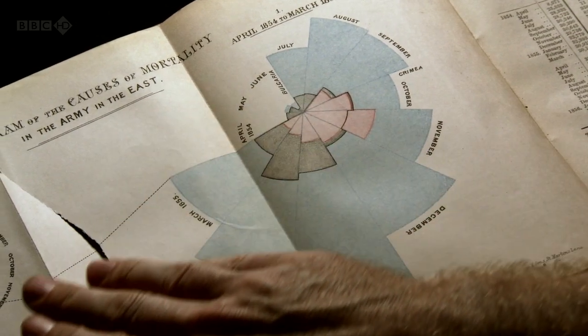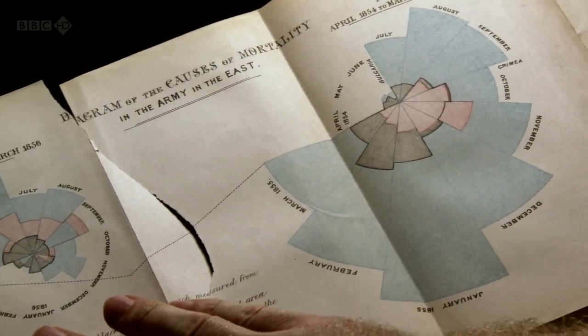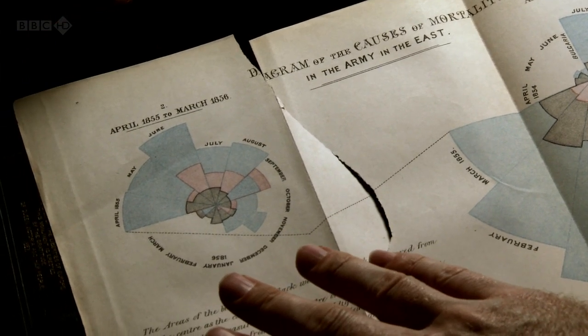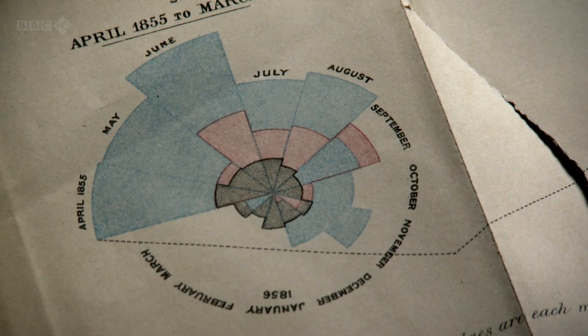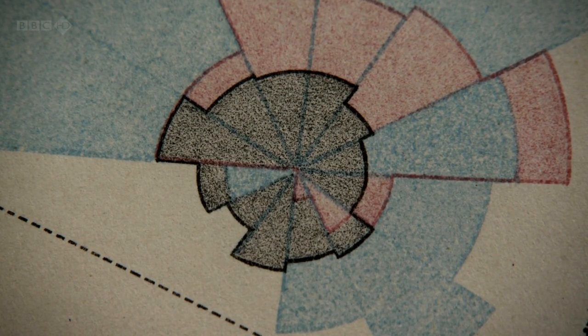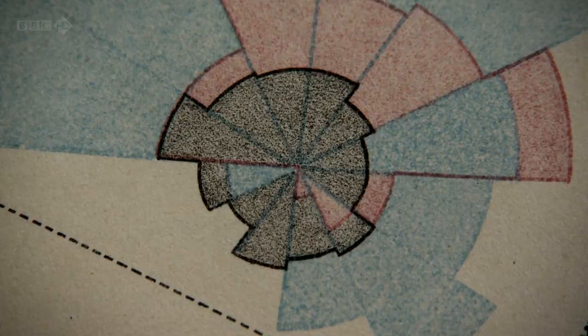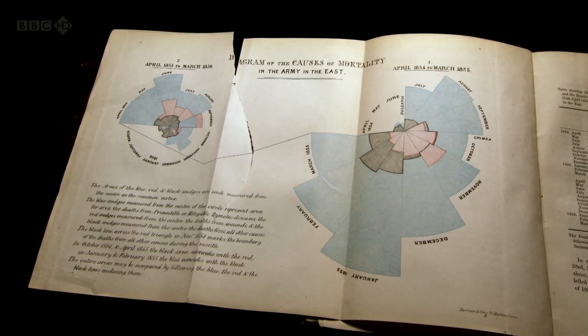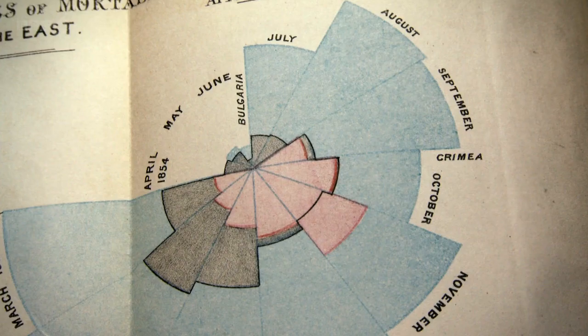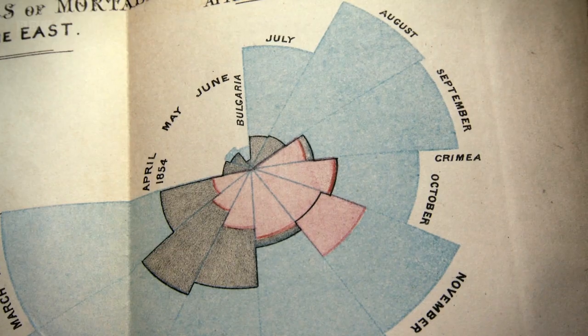And on the left, a smaller diagram shows 1855-6. What matters is the area of each colour. The red areas represent death from wounds. The black, death from other causes, such as frostbite or accidents. But the staggering number of deaths from infectious diseases like dysentery and typhus appear as large blue rose petals bursting out from the centre.